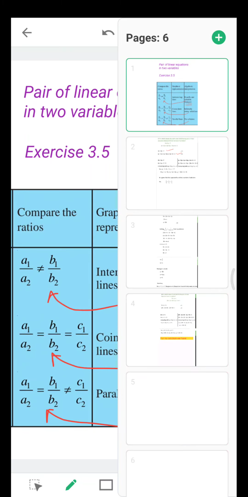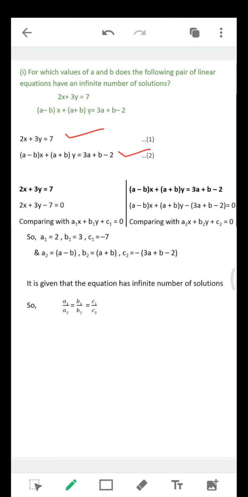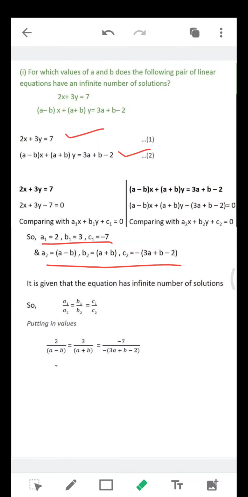So I'll substitute all the values, a1 b1 c1 a2 b2 c2, step by step. a1 by a2 is 2 by a minus b, b1 by b2 is 3 by a plus b, and c1 by c2 is minus 7 by minus of 3a plus b minus 2.